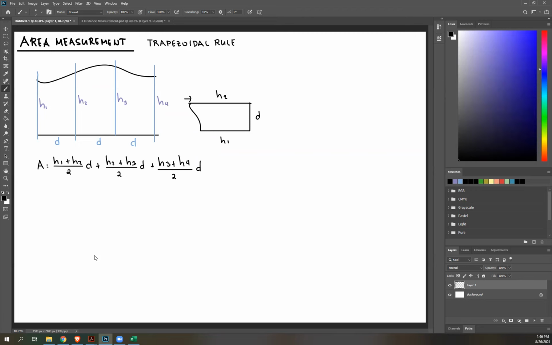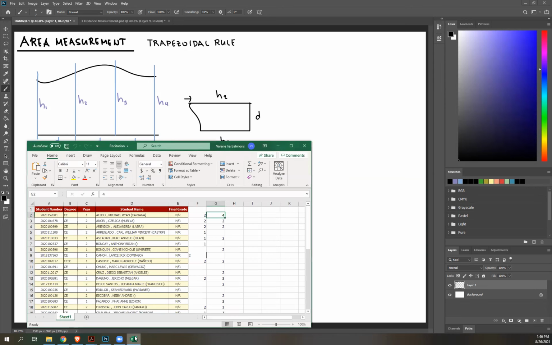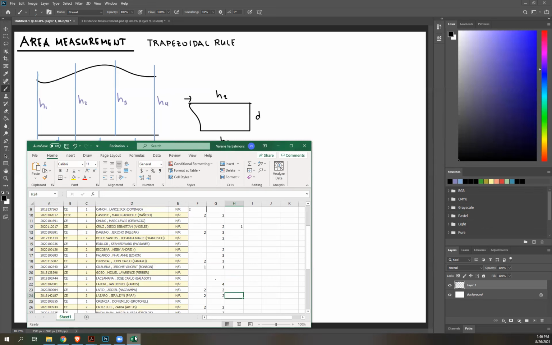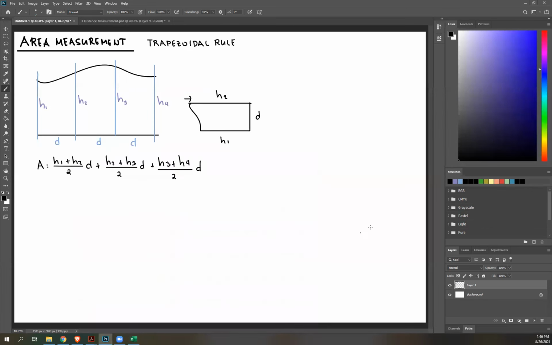Correct, the complete common factor. Correct, Geraldine and Sebastian. It's D over 2.